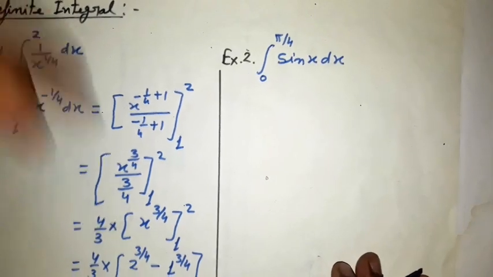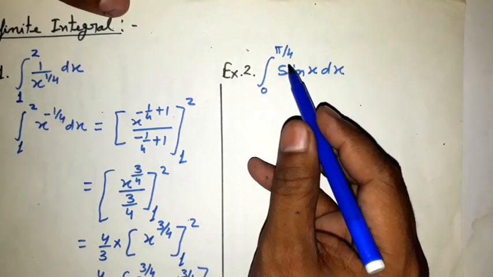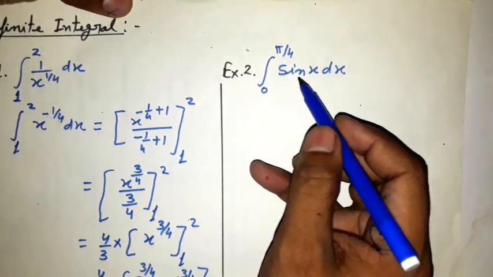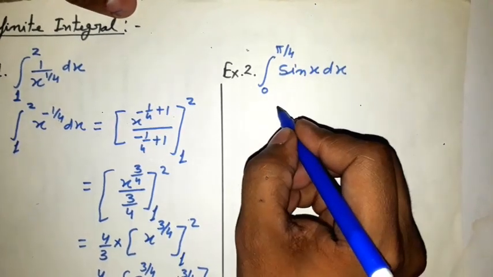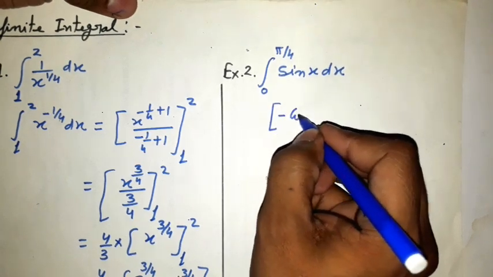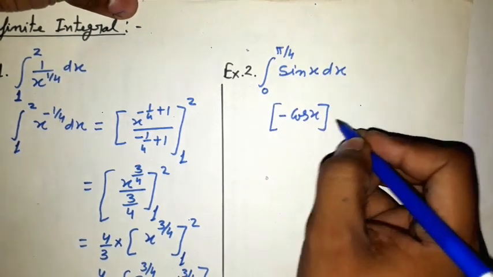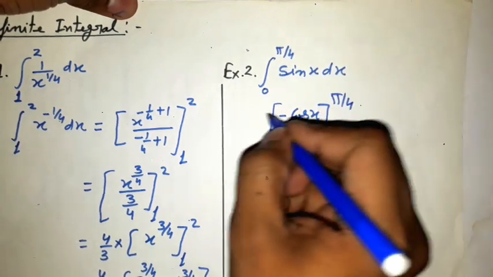Now the next question is integration of sin x dx with limits 0 to pi by 4. Now the integration of sin x is minus cos x, and the value of x lies between 0 to pi by 4.